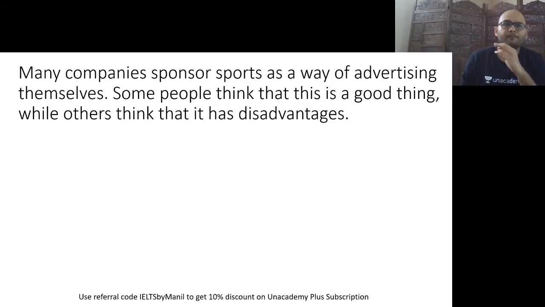Let's go to this one. Many companies sponsor sports as a way of advertising themselves. Some people think that this is a good thing, while others think that it has disadvantages. All right, so we'll once again go with the first one, which is using synonyms. Many companies sponsor sports as a way of advertising themselves. A lot of, numerous, we could go with numerous.